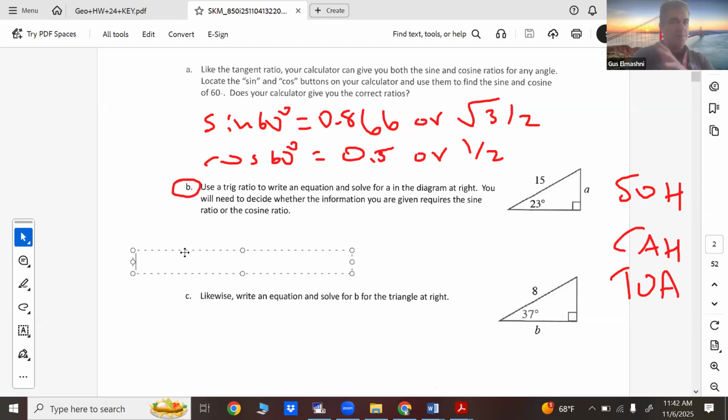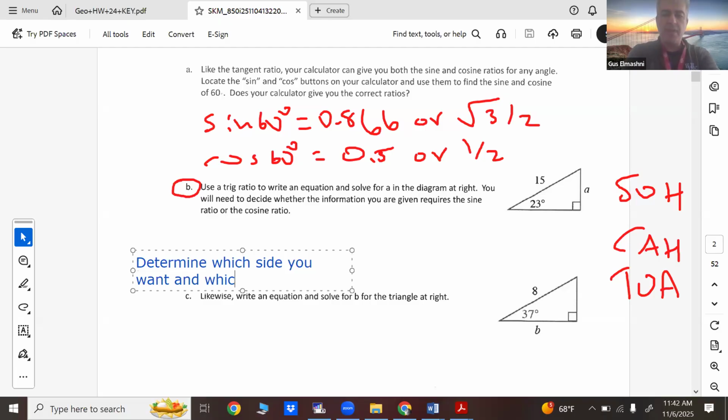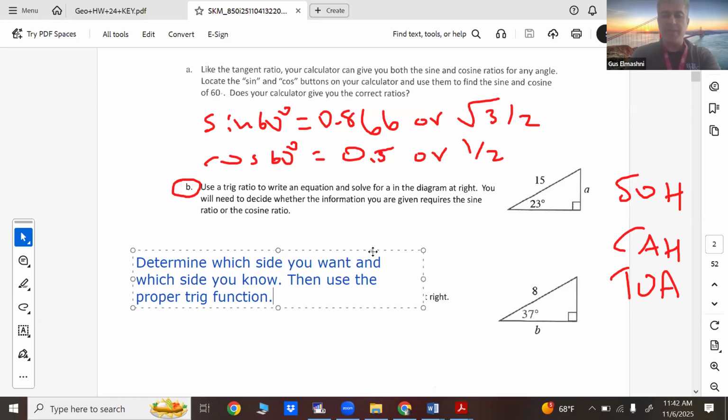So here's, now hopefully I think this will really tie it all together. Determine which side you want and which side you know, then use the proper trig function. That is the whole essence of it.